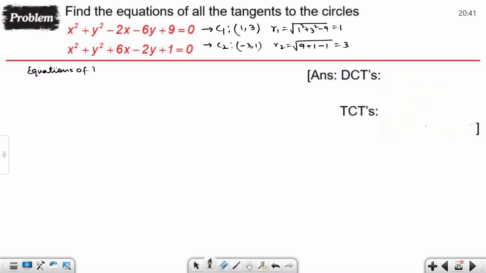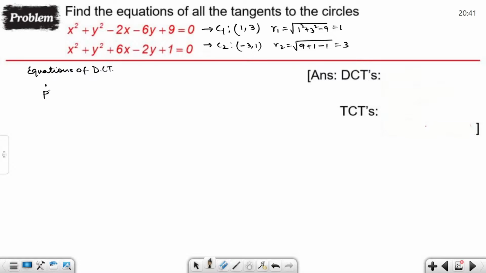So first we are trying to find out the equations of direct common tangent. Now we know that the line joining the centers of these two circles is divided by the point P. What is point P? Point P is the point where the line joining the two centers of the circles is intersecting with the direct common tangent.